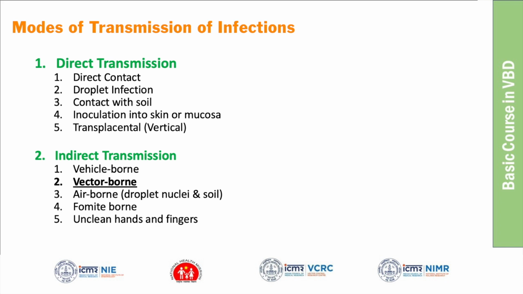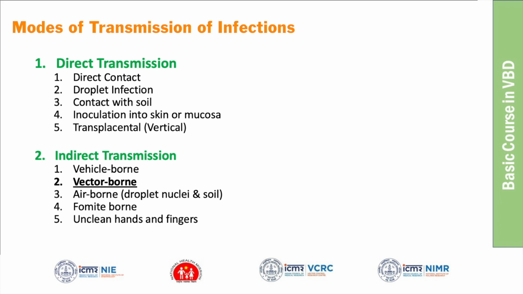Number 3 is airborne, which is droplet nuclei, which are dried nuclei present in the soil. And of course, fomites. Fomites means any objects, maybe table, chair, glass, anything on which the infectious agent is attached. And 5 is unclean hands and fingers. Hand transmission of infectious agents is also very well known.